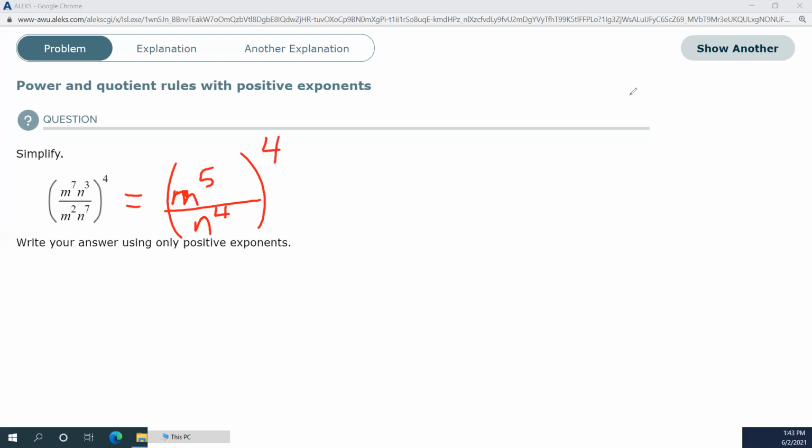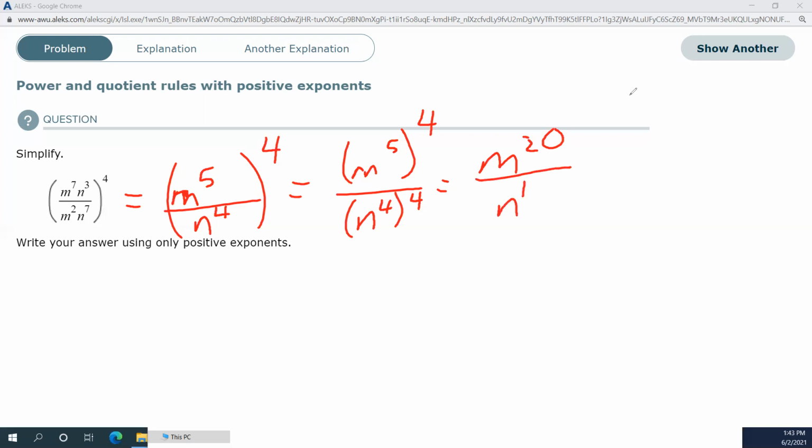Now that what's inside is tidied up, well, I'm going to hit everything on the inside with that exponent of 4. And we get that. And that's what we get.